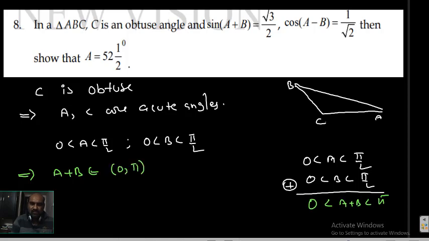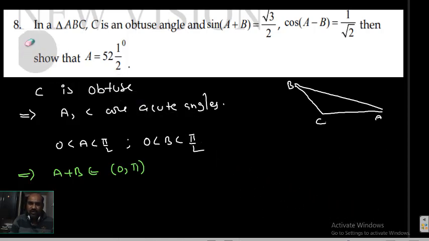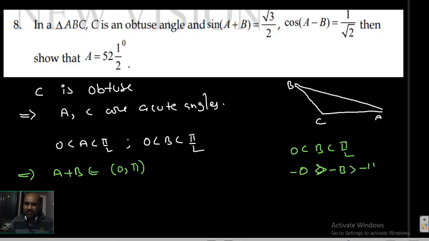That is one thing. We can't subtract inequalities, that is a very, very important thing, students. We can add. Take 0 less than B less than pi by 2. I want to multiply by minus, and the inequality will alter: minus B greater than minus pi by 2. In other words, minus pi by 2 less than minus B less than 0.